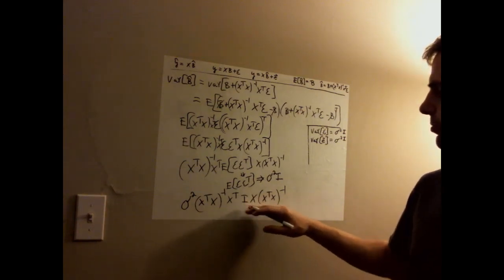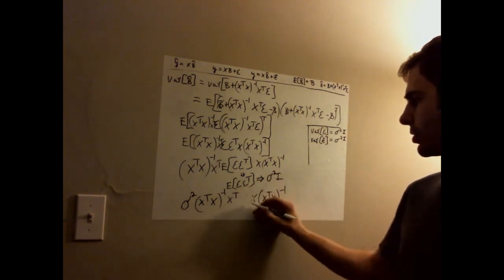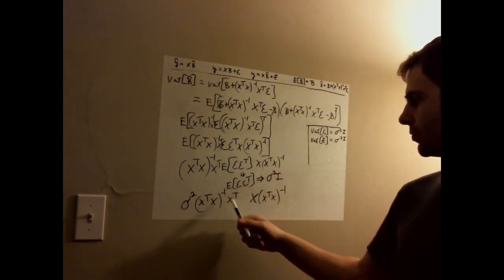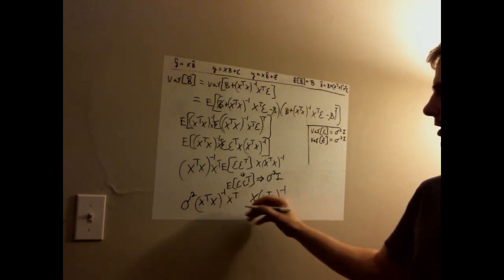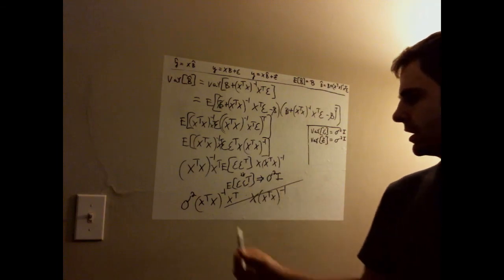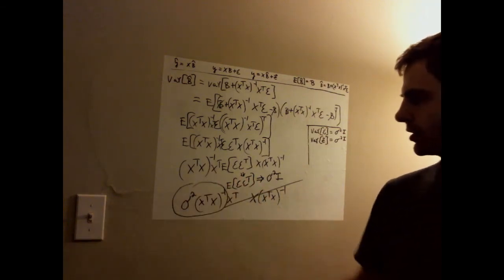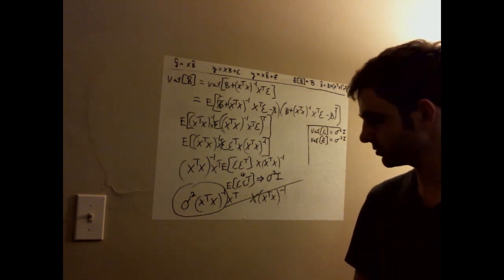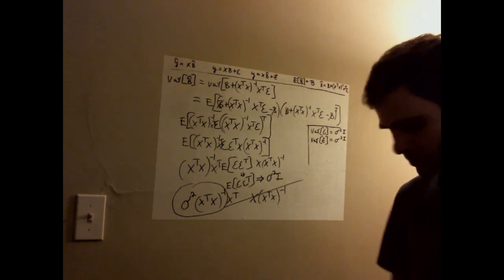So this identity in the middle doesn't actually change anything. We can see that this whole thing here is going to become the identity. And so what we're left with is sigma squared multiplied by (X transpose X) inverse. And that is the variance of beta hat.